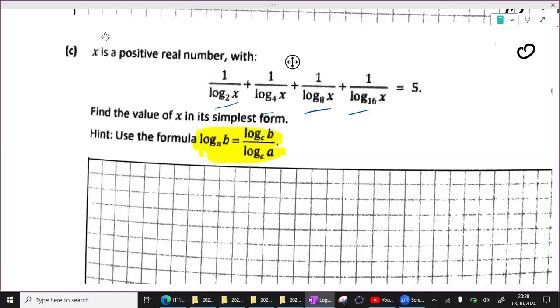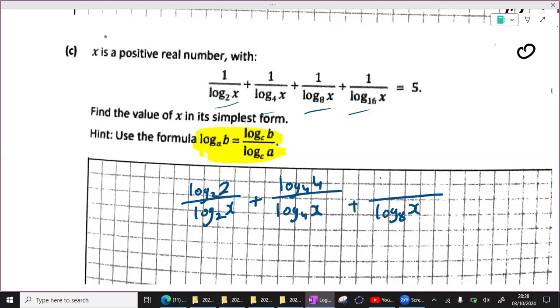So what I do in each case is, instead of the 1, I do log of 2 to the base 2 over log of x to the base 2. Now, for the next one, because the base is 4 in this one, instead of 1, I do log of 4 to the base 4, if that makes sense. Because the base is 8 in the next one, I do log of 8 to the base 8.